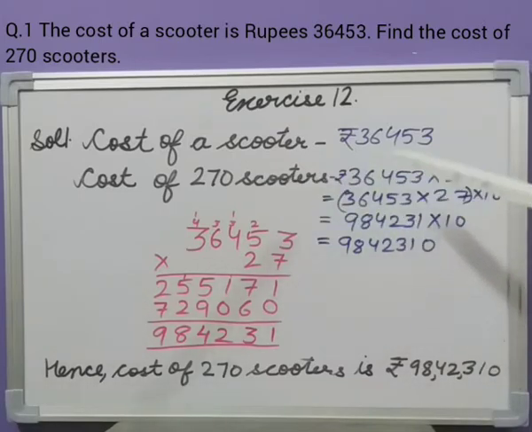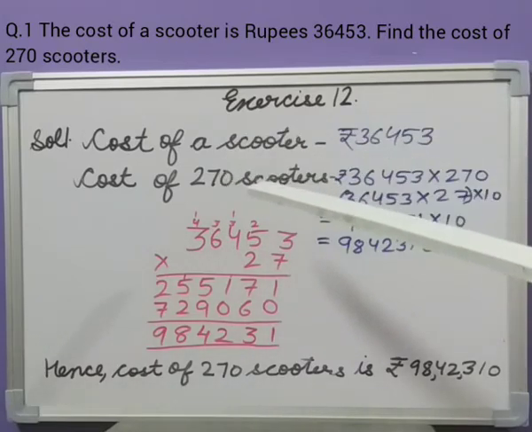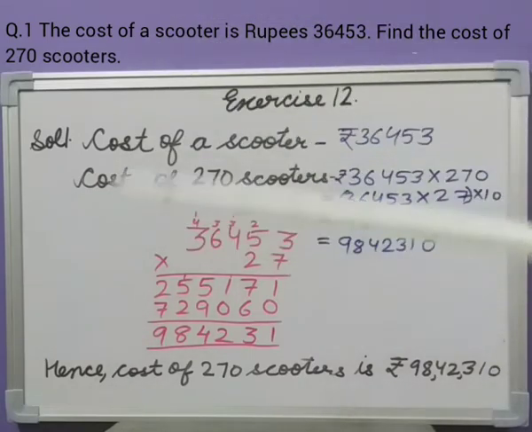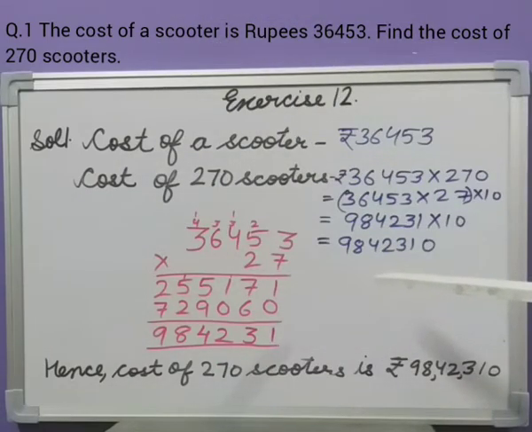That means we are going to add 36,453 how many times? 270 times. So, when we add again and again, we can multiply. Therefore, we are going to multiply 36,453 by 270.